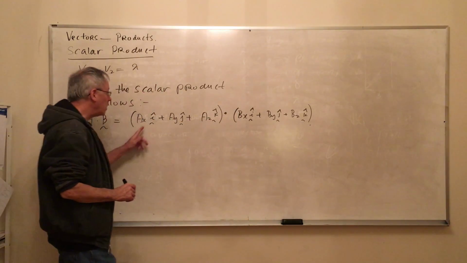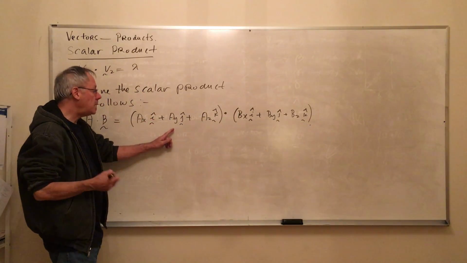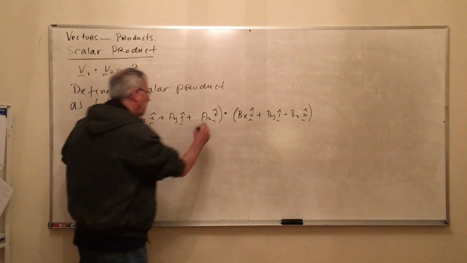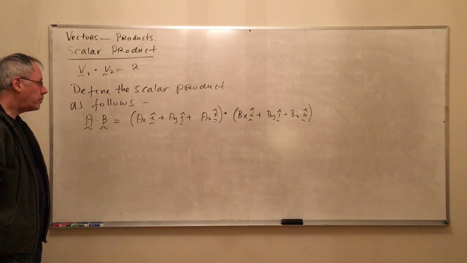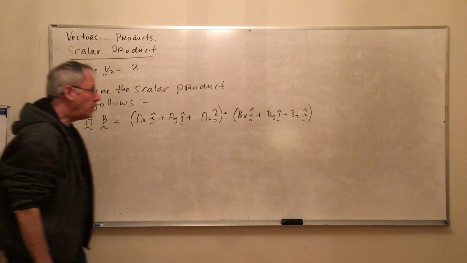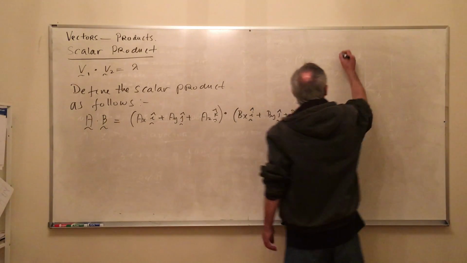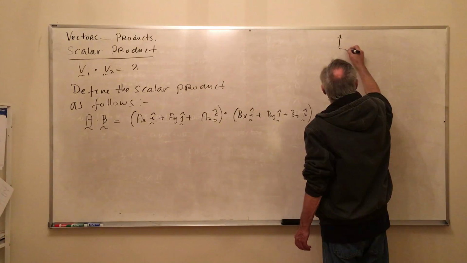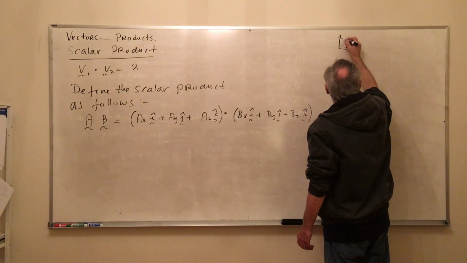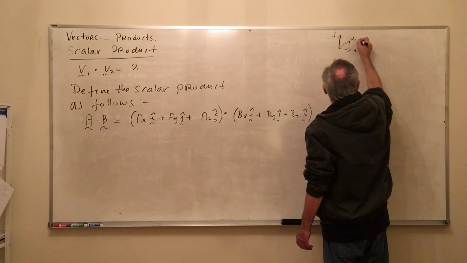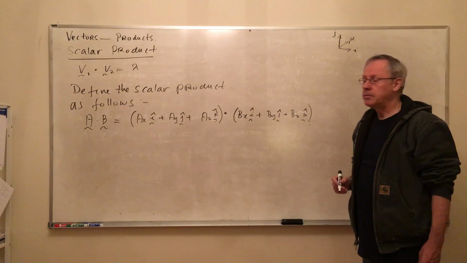On the next line I'm going to lose these hats, just because it's tedious in terms of notation. And the i, j, k are unit vectors. Now the unit vectors look like this. They're at right angles to each other.